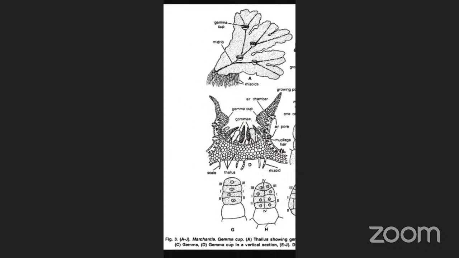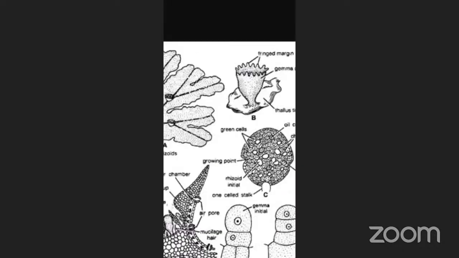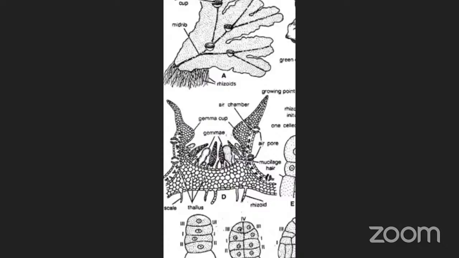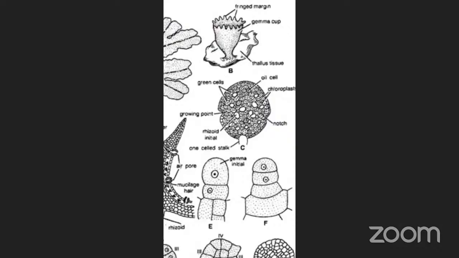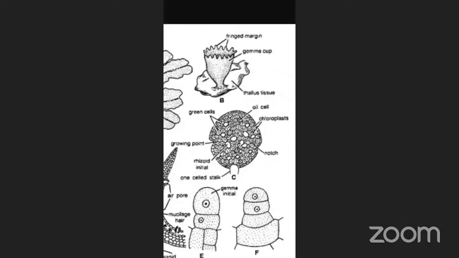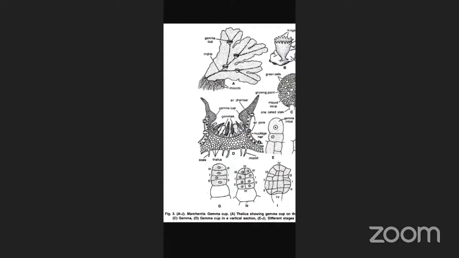Inside the gemma cup some gemmae are there. The gemma is a small structure with a stalk. We also have rhizoids, and oil bodies are also present.